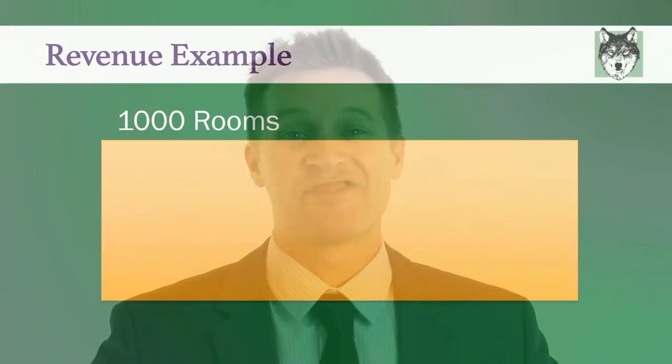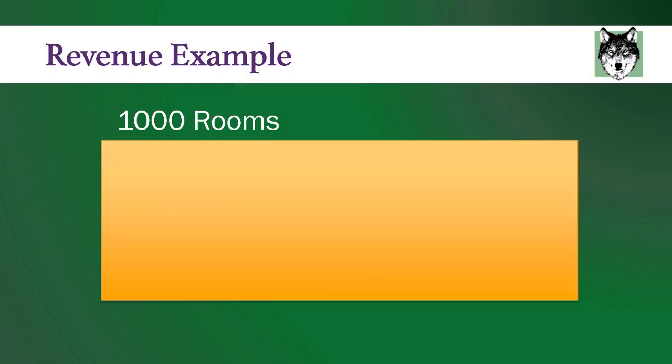So let's imagine you have a really large hotel. Let's say your hotel has 1,000 rooms. And so you have a huge spectrum of different types of travelers you can target to sell your hotel rooms. What you want to do is target the type of customer that fits your revenue strategy.